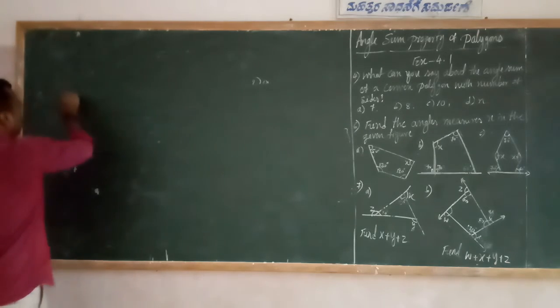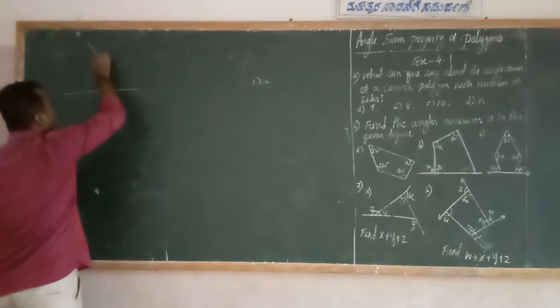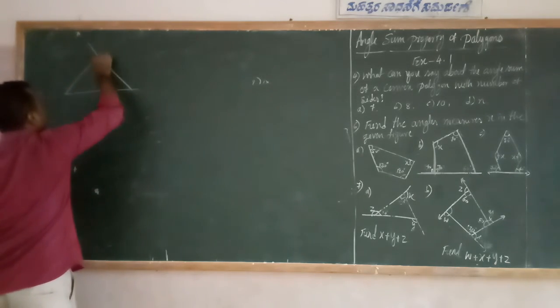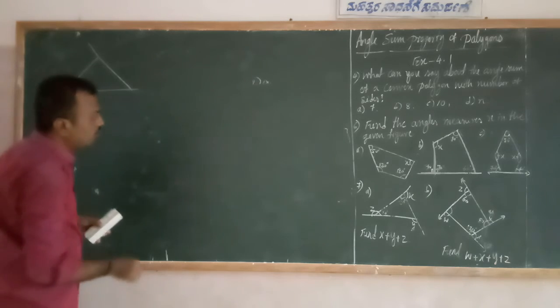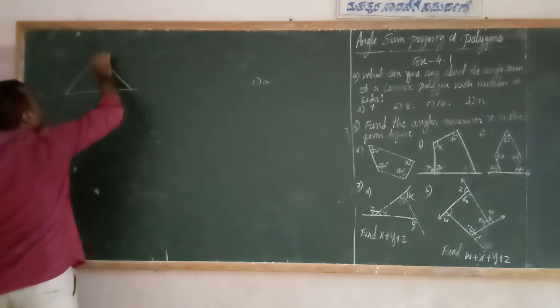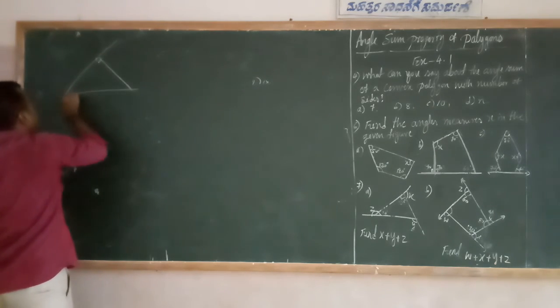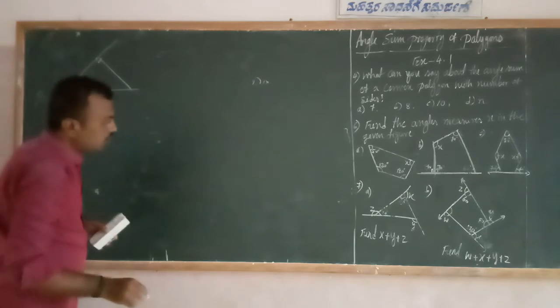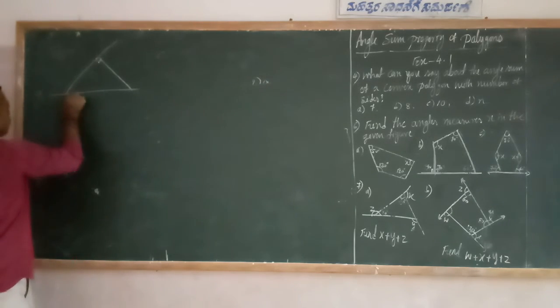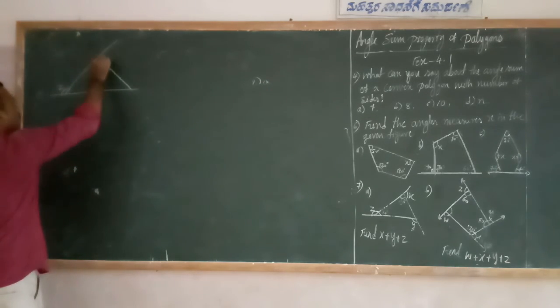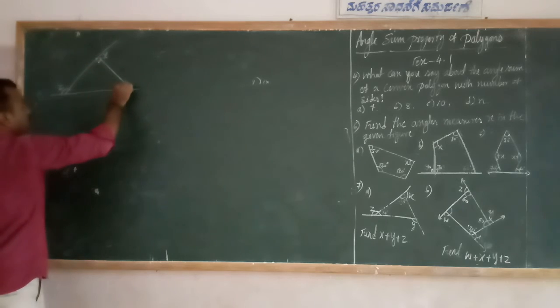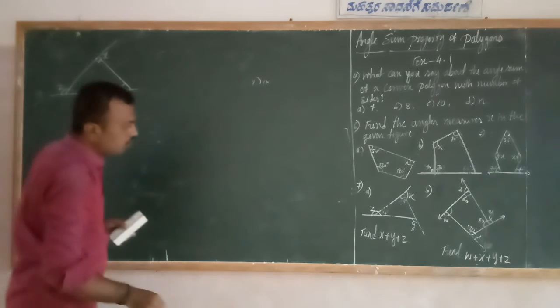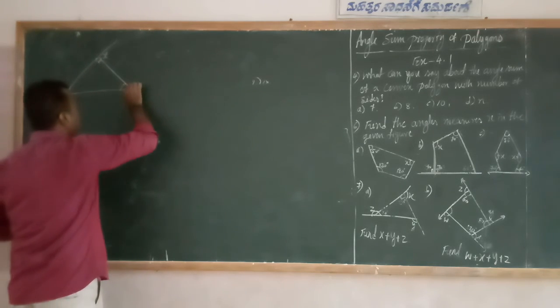See, first one. Yes, this is z. This is z. This is x. And this is y.